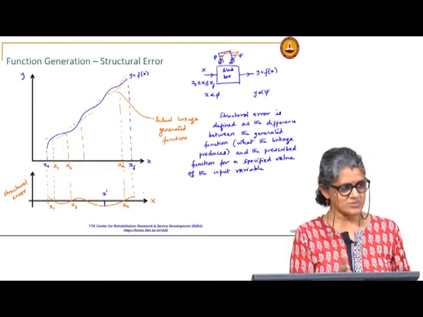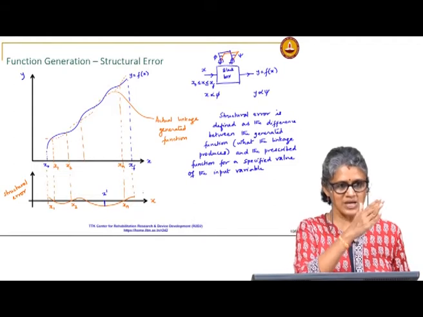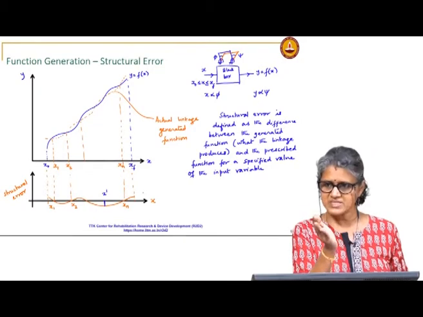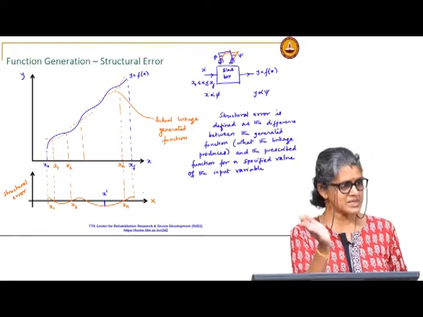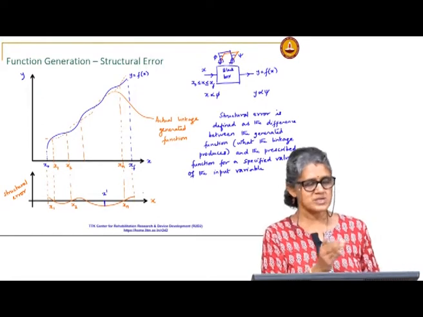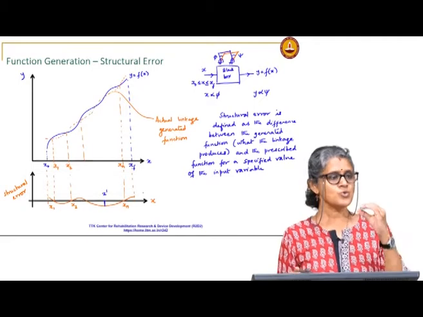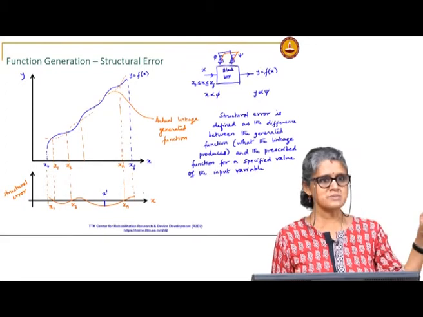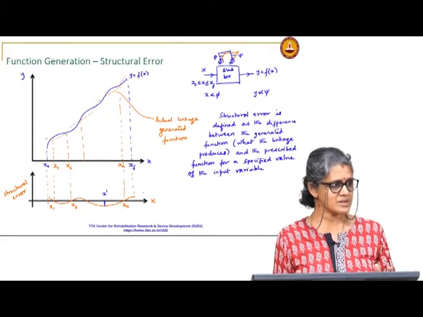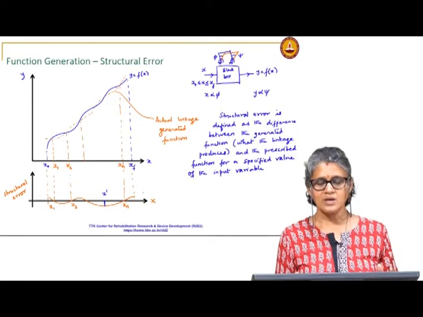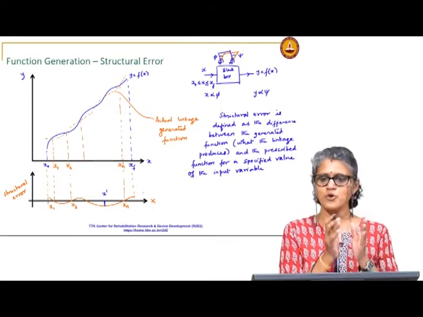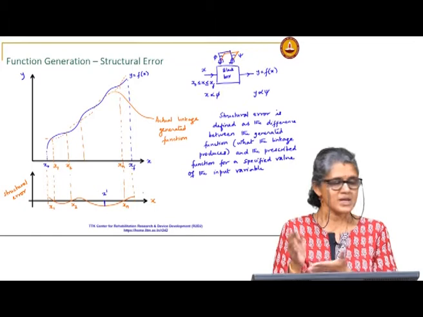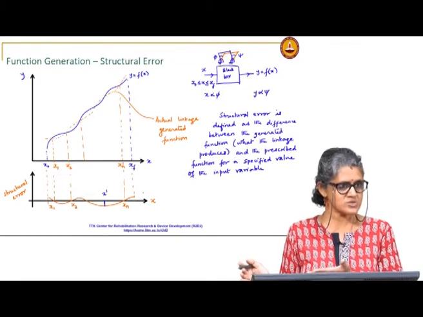In function generation, or in path generation, you are looking at the continuous behavior over a specified range. There you want to pick those precision points in such a way that you are minimizing the error over the entire range. Or the precision points may be a design criterion because you want to hit certain specific spots, in which case you do not really care what happens in between those positions.